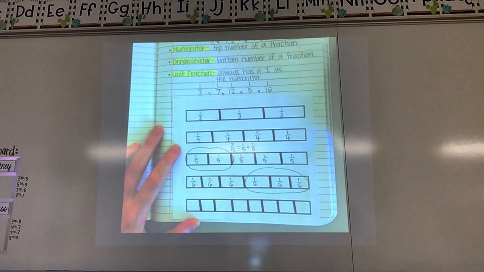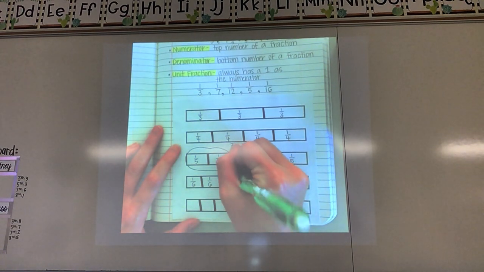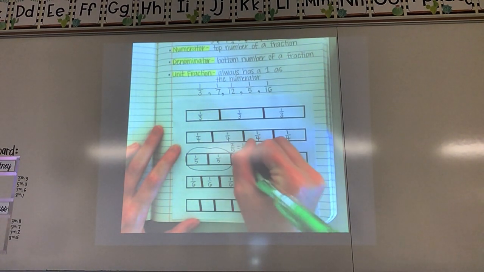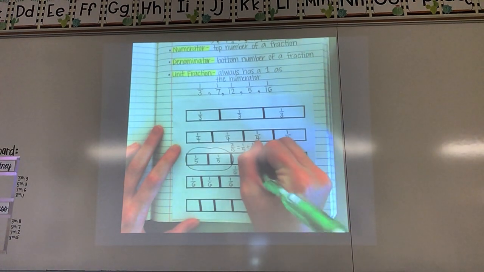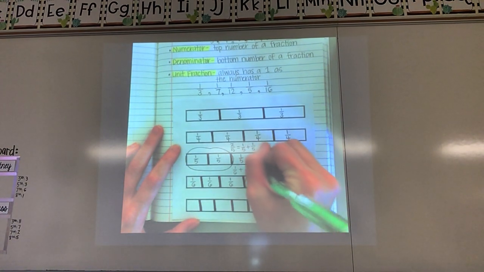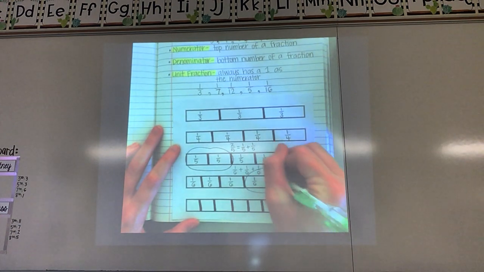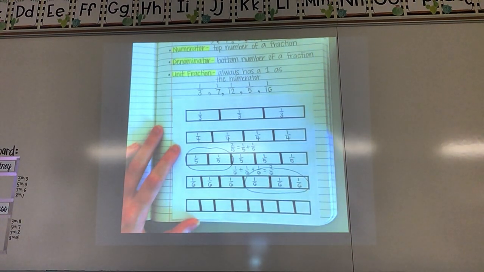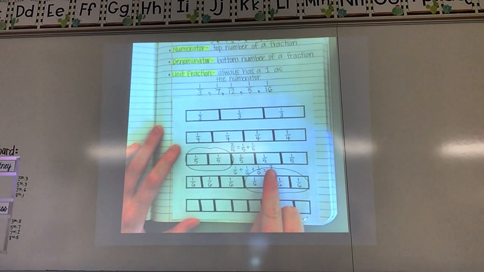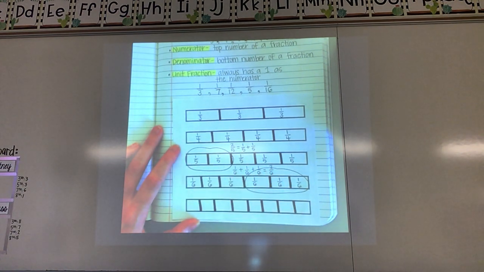In my mind, I'm thinking that I'm just going to add up each of these pieces. So I'm going to do 1/6 plus 1/6 plus 1/6. And that should equal, think in your mind, 3/6. Remember, with fractions, we add all of our top numbers. 1 plus 1 plus 1, that's 3. Our bottom number stays the same when we're doing addition.